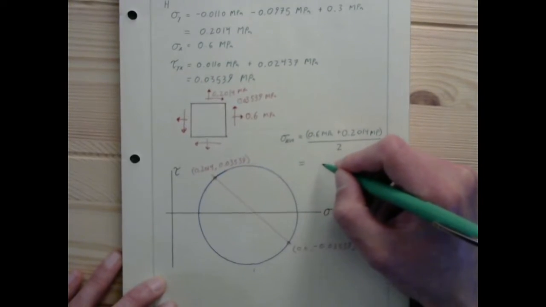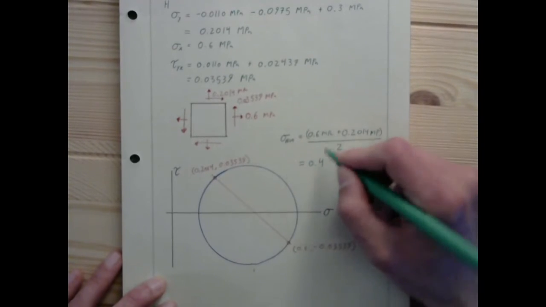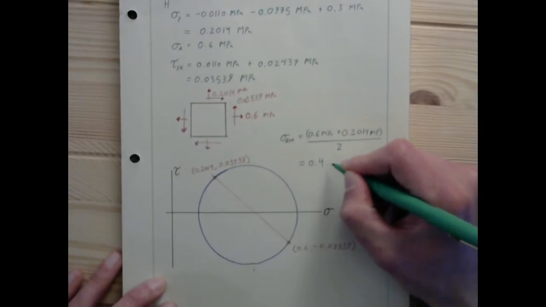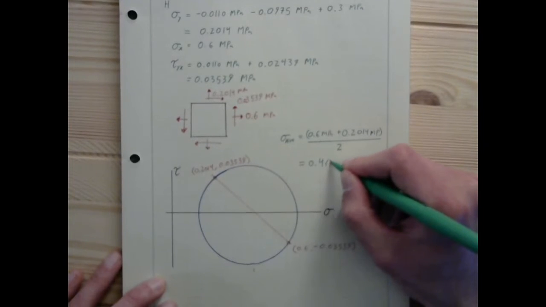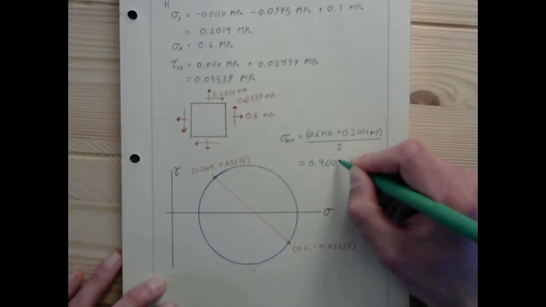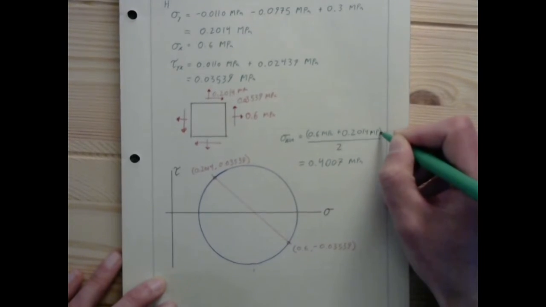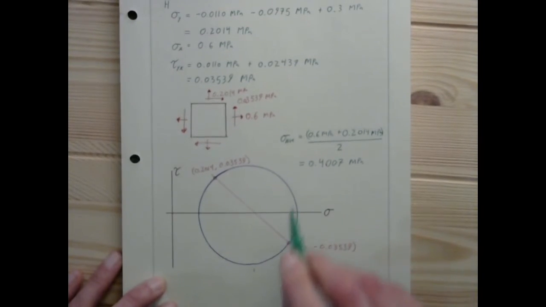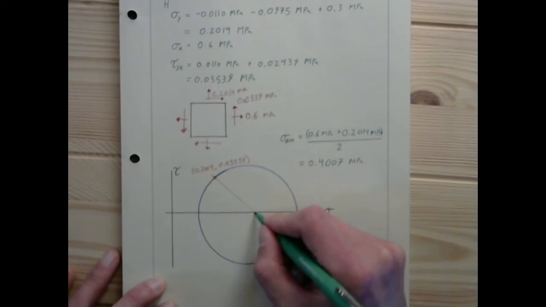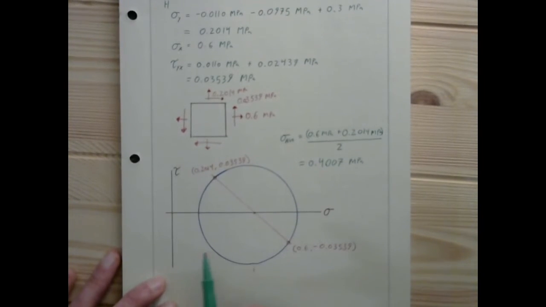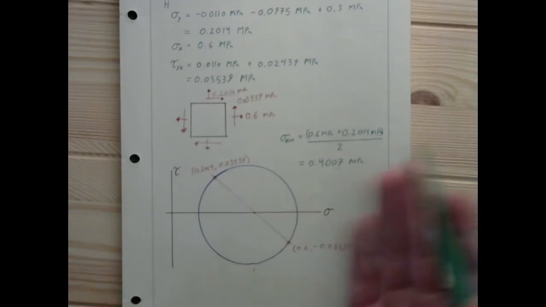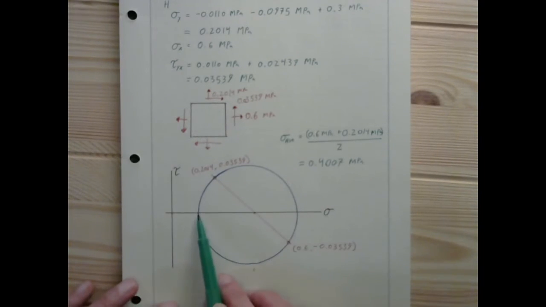And that's going to give us 0.4 basically, but with a little bit of change from that, 0.407 megapascals. So that's that point right there, which I realize is not in the center of the circle. What can you do? I don't think I drew this exactly in the middle anyway. So now we've got that average.